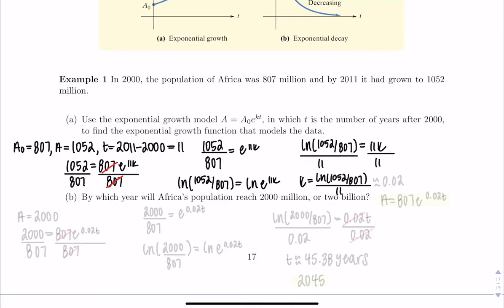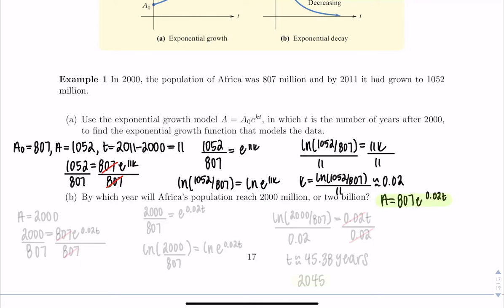And you get that k is about 0.02. So let's find the formula for it: A equals 807 e to the 0.02t. We want to be able to plug in any time t and figure out what the population should be.